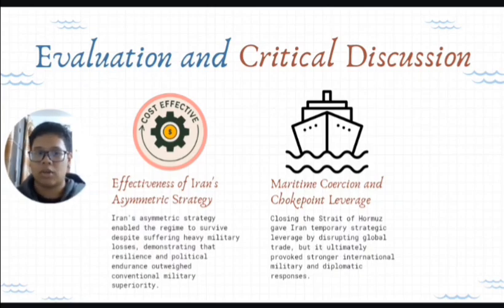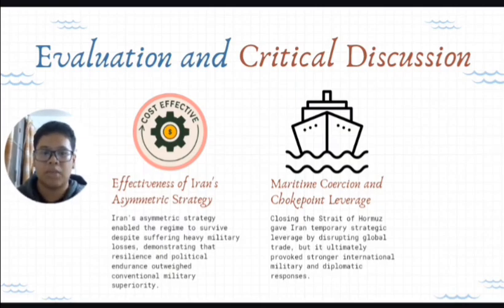Looking at the effectiveness of Iran's asymmetric strategy, although Iran suffered significant military loss, including the death of senior leaders and the destruction of many military assets, its primary objective was not to win the war conventionally, but to ensure the survival of the regime.